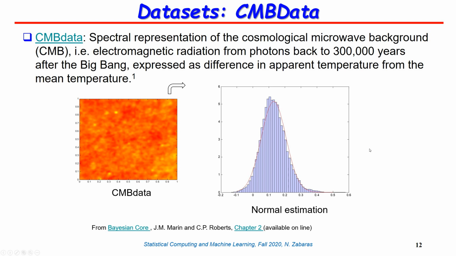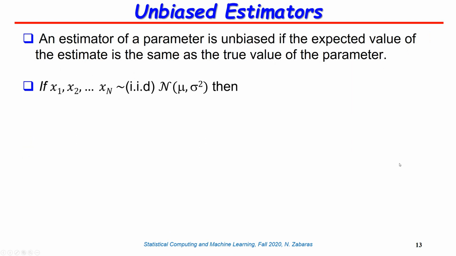Okay, let me start saying a few things now about biased and unbiased estimators. You remember we collected a bunch of data from a Gaussian, and we said that the MLE estimator for the mean is the empirical mean of this data.